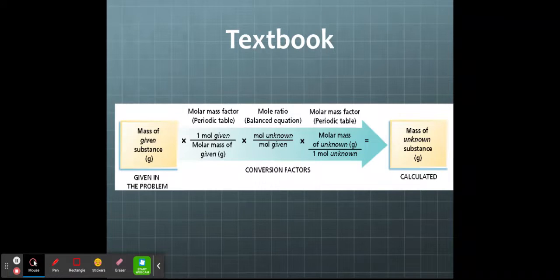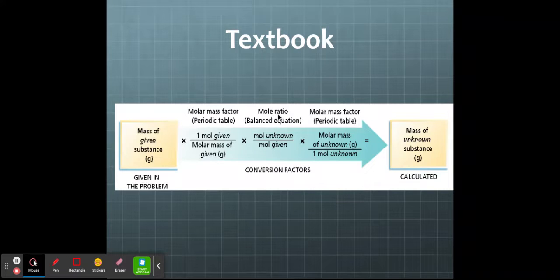So here's a little conversion. If your substance is in any other unit besides grams, convert it to grams. But if it's in grams, you're good. So you start from grams and convert from grams of a substance to moles of a substance, which is moles of the given. Then you convert from moles of given to moles of wanted using the mole ratio.